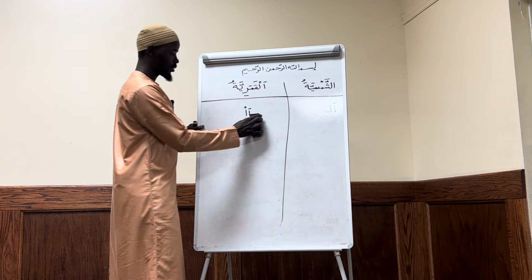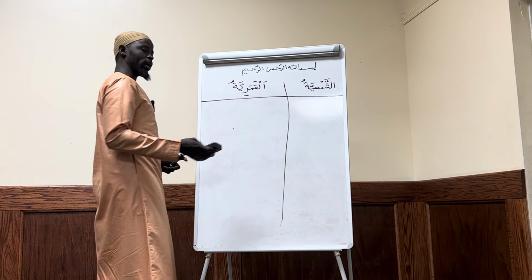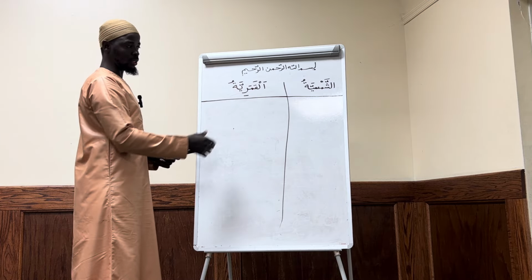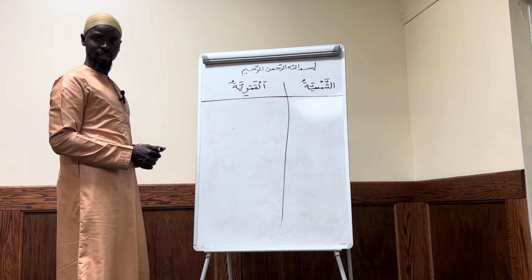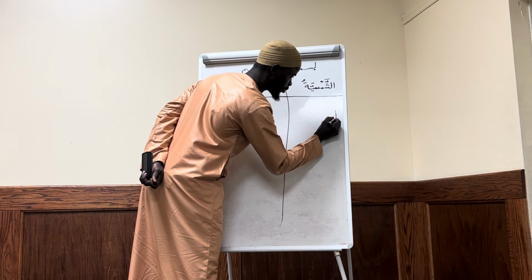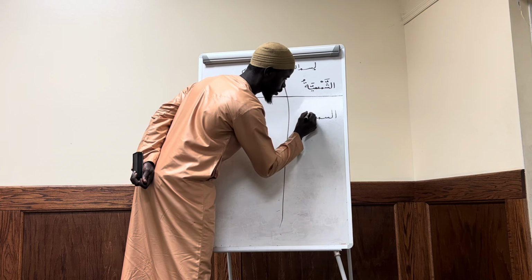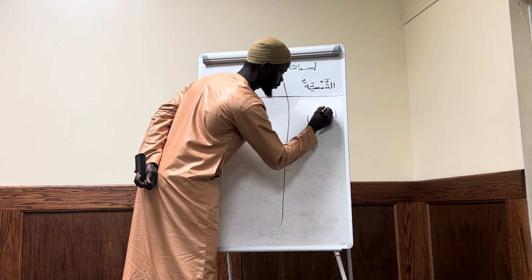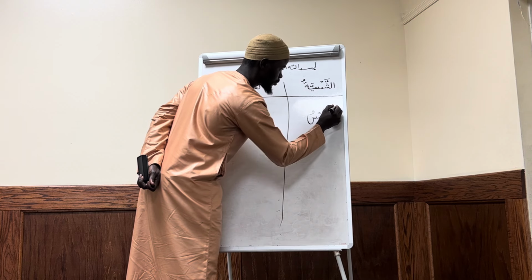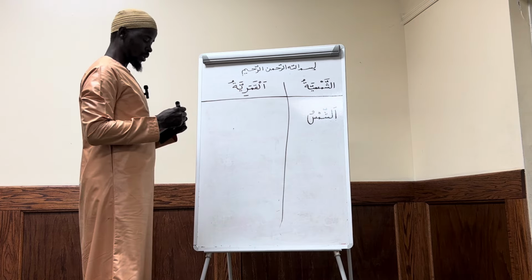So now, let's give one example so that we can explain it. We start with the sun letters. We take from here Ash-Shamsu. You see it? How do you read it?